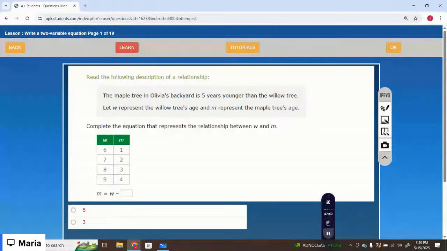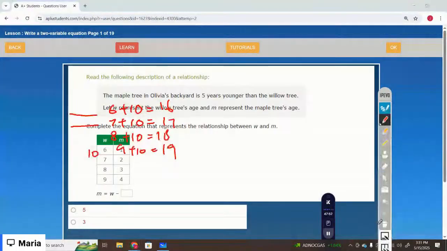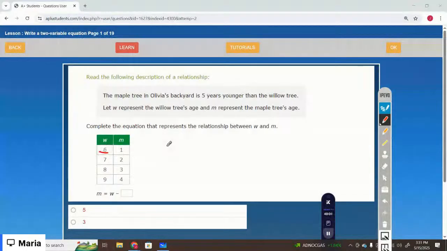Okay, the equation that represents the relationship between W and M. So 6 minus what number is 1? That is 6 minus 5 is 1. 7 minus 5 is 2. 8 minus 5 is 3. And 9 minus 5 is 4.